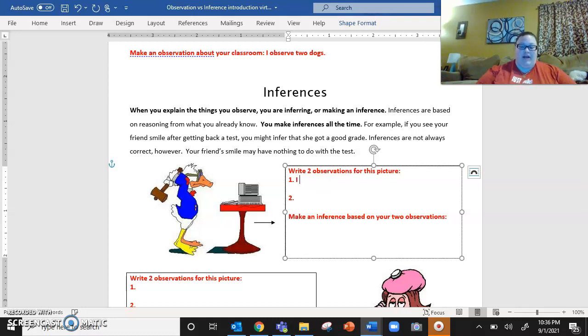I am going to write, I observe a duck holding a mallet. Mallet, hammer, it's something similar to that, okay? And then I also observe a very old computer on a table.